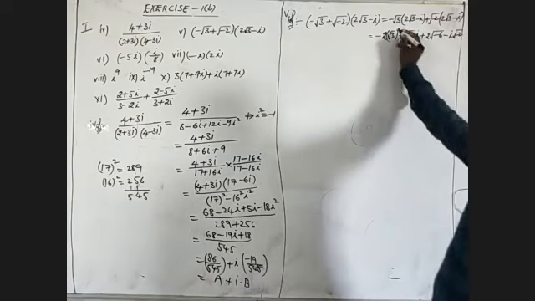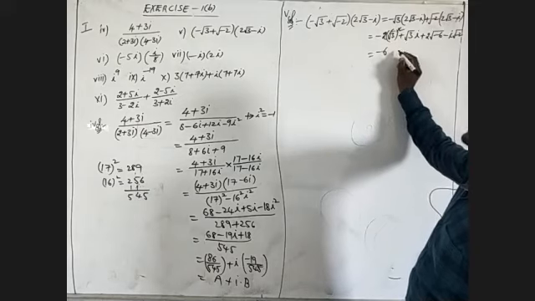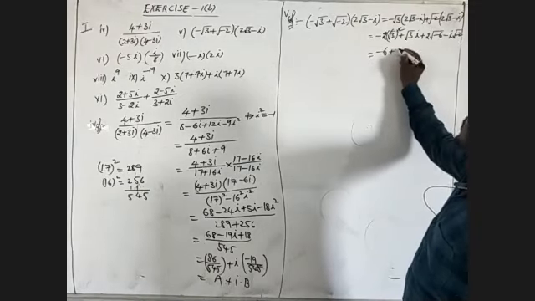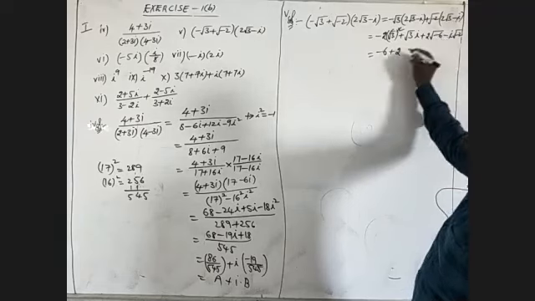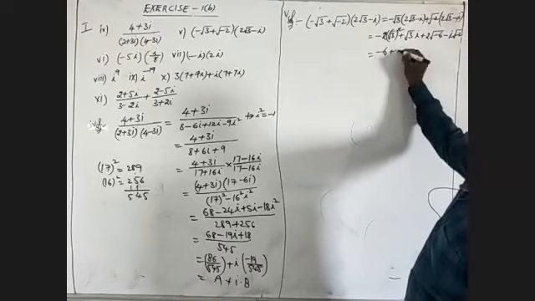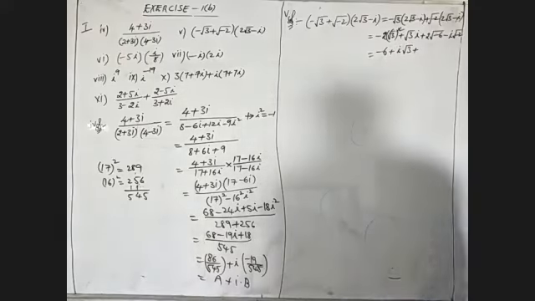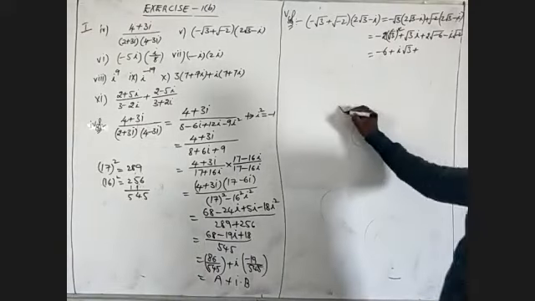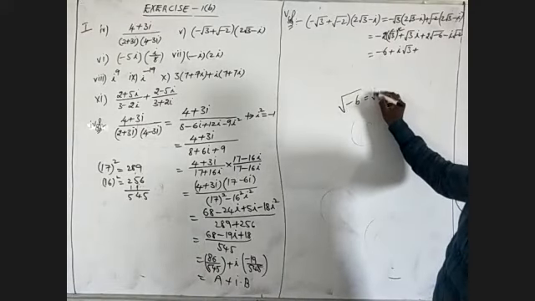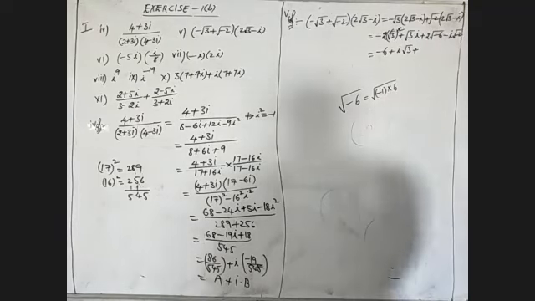That means the square and root will be cancelled. Remaining is minus 6 plus, here we have to write 2 into root of minus 6, remaining this is i root 3. Remaining is root of minus 6, that must be written as, we will observe, root of minus 1 into 6.